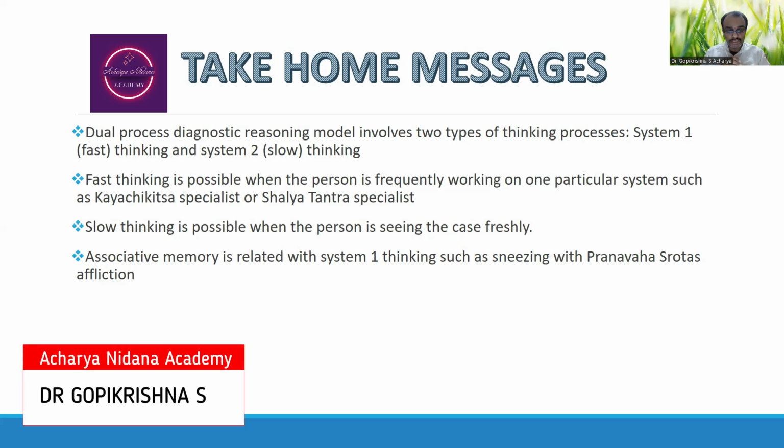Fast thinking is possible when the person is frequently working on one particular system, such as a Kaya Chikitsa specialist or Shalya Tantra specialist or Prasuti Tantra specialist. Whereas slow thinking is possible when the person is seeing the case for the first time, for example the PG student of Prasuti Tantra or Stri Roga.